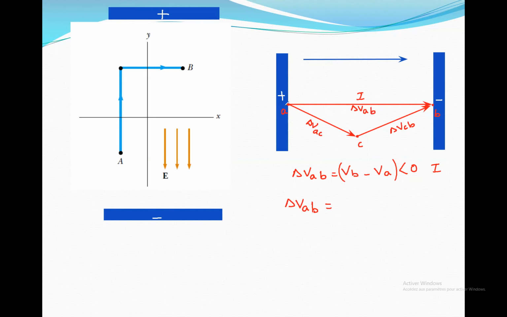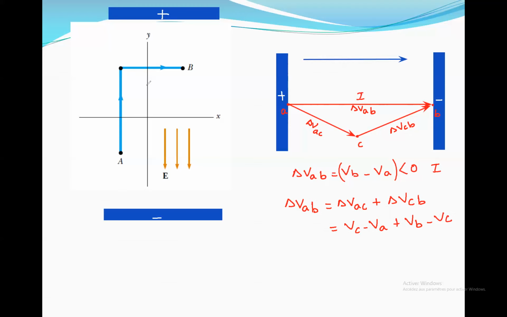Delta VAB equals delta VAC plus delta VCB. And delta VAC equals VC minus VA, plus delta VCB equals VB minus VC. We can calculate the difference like this.